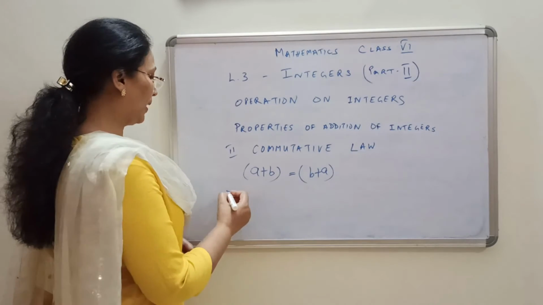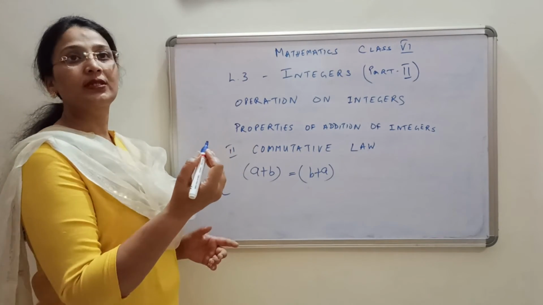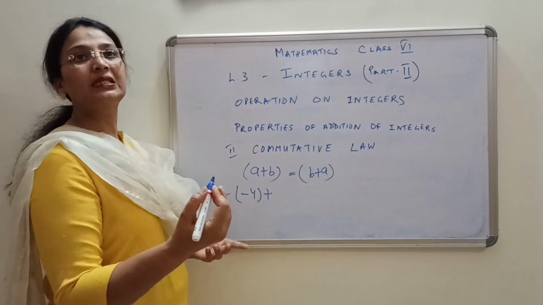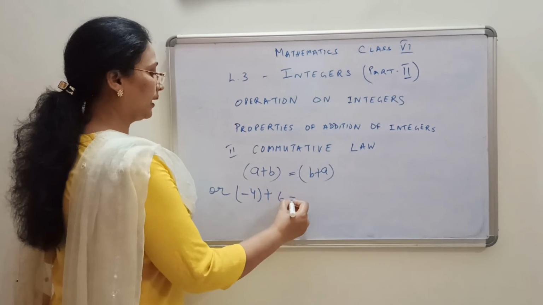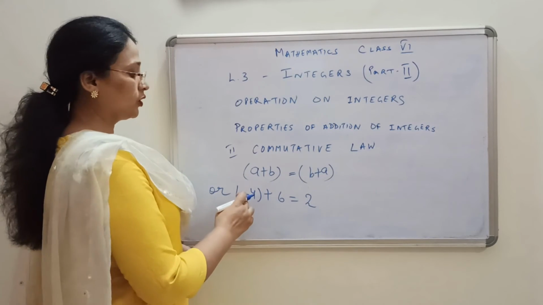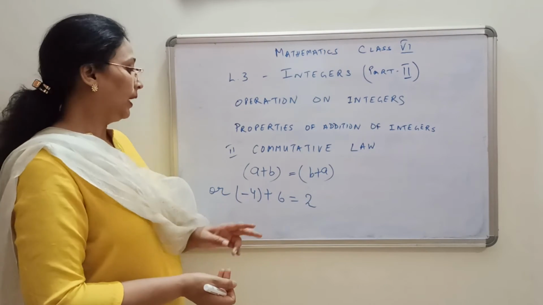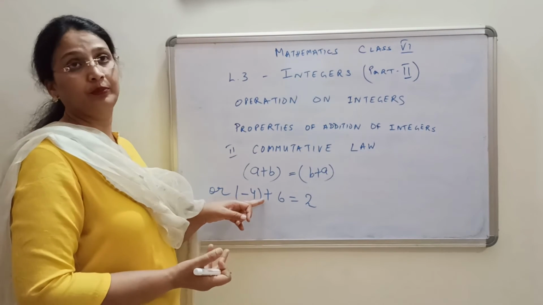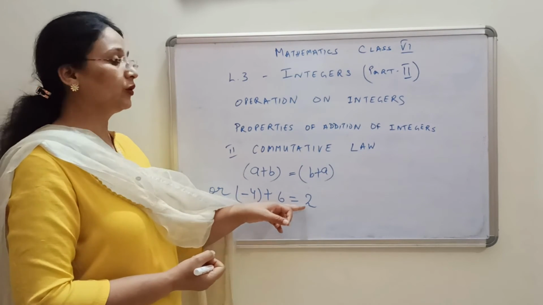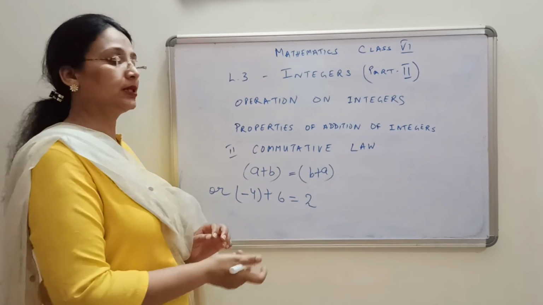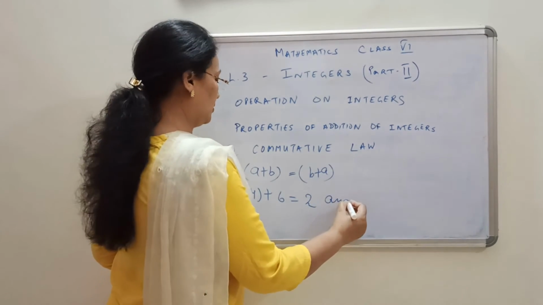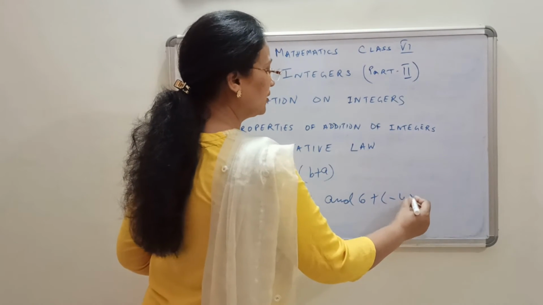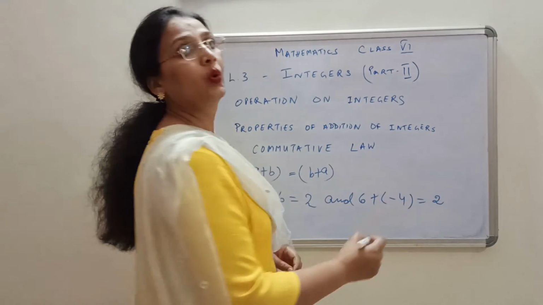Or you can write it in numerical values like this: -4 + 6 = 2, because minus and plus, and 6 is bigger than 4, so in front of 6 there is a positive sign, and that's why you write only 2. And you write it like this also: 6 + (-4) = 2.